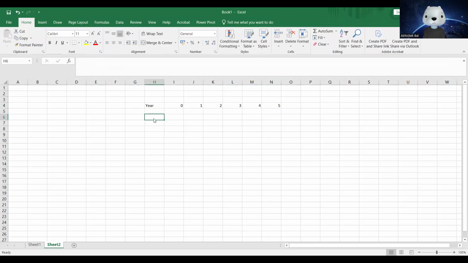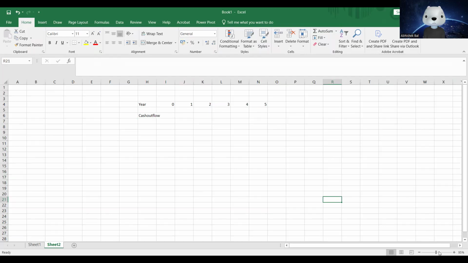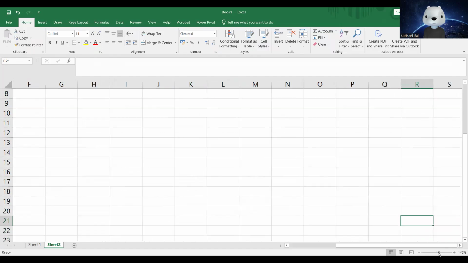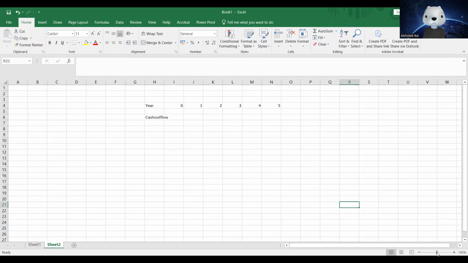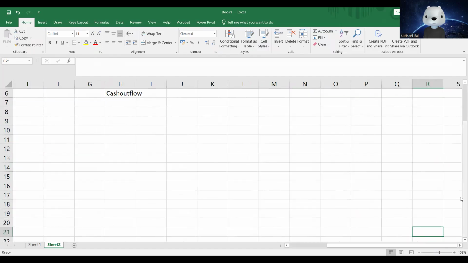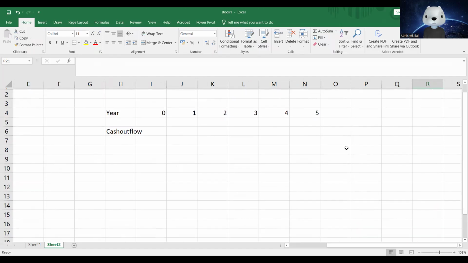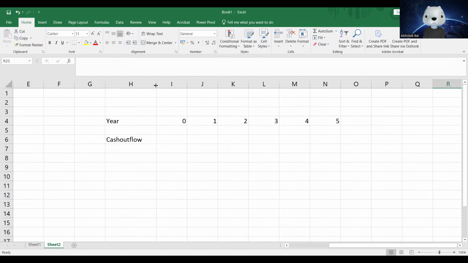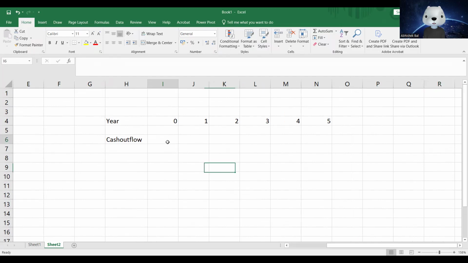And the cash outflow, I hope this is visible.